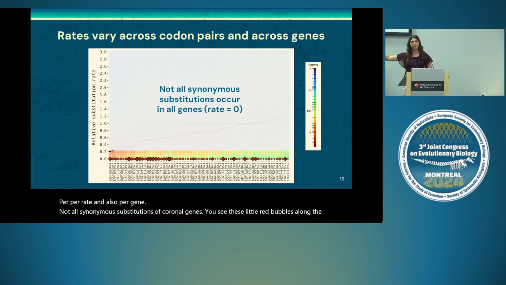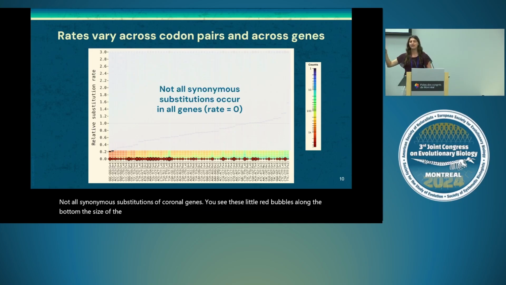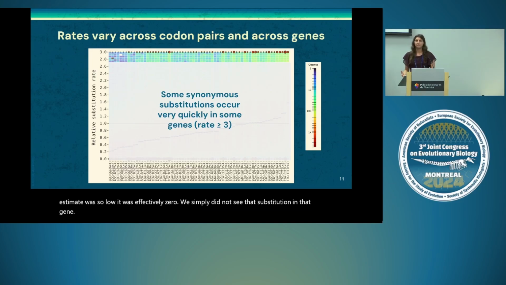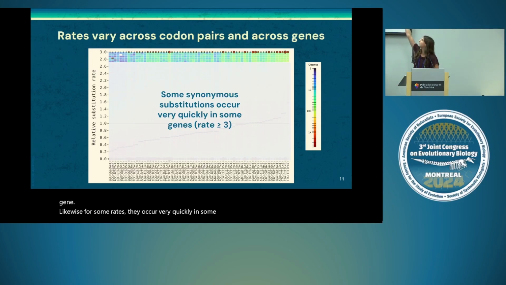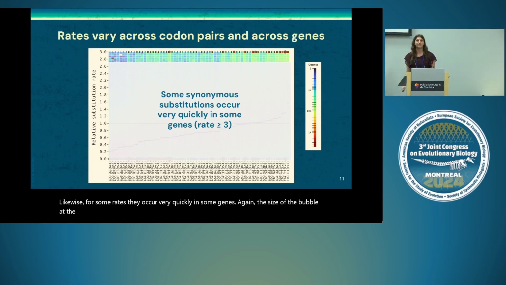The size of the bubble corresponds to the number of genes for which the rate estimate was so low it was effectively 0. We simply did not see that substitution in that gene. And likewise, for some rates, they occur very quickly in some genes. Again, the size of the bubble at the top corresponds to how many alignments had that particular fast rate.